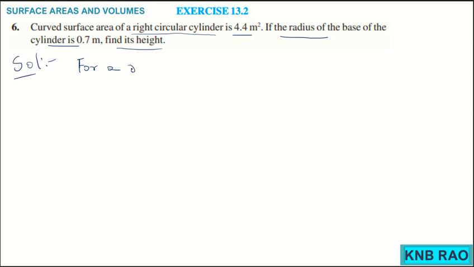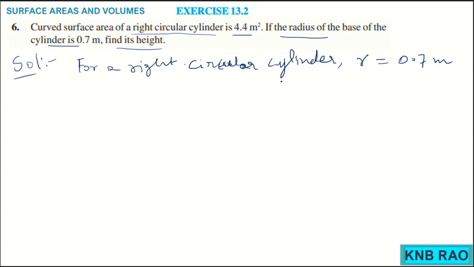For a right circular cylinder, the radius of the base is 0.7 meter and the CSA, that is curved surface area, is 4.4 meter square.